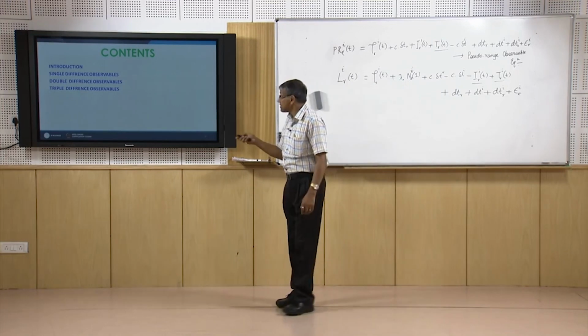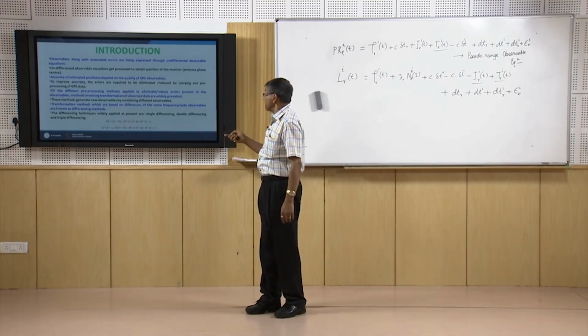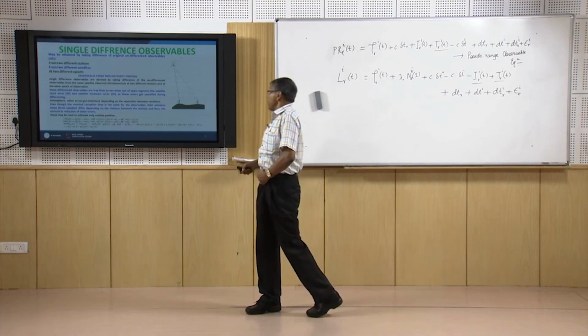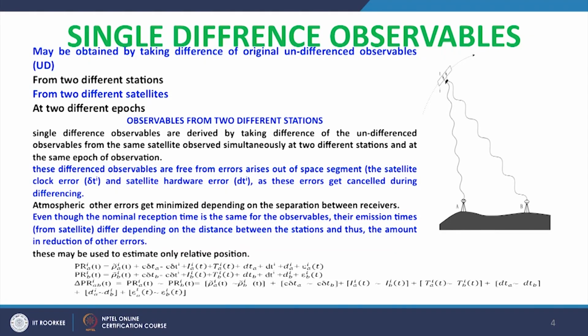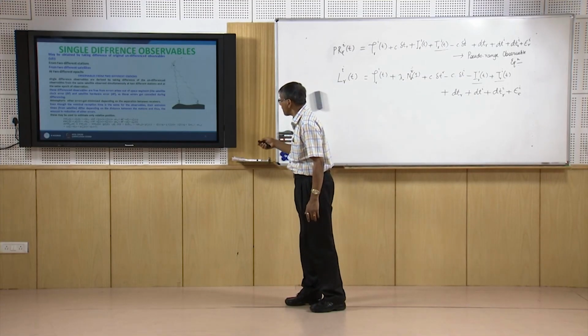Now let me start with the single difference GPS observables. By the name itself we can understand that in the case of a single difference observable we take a one-time difference of these observables, but how will you take it? There are three ways it can be done. In the first case we take the difference of observables between two different stations from a single satellite at the same epoch of observation.